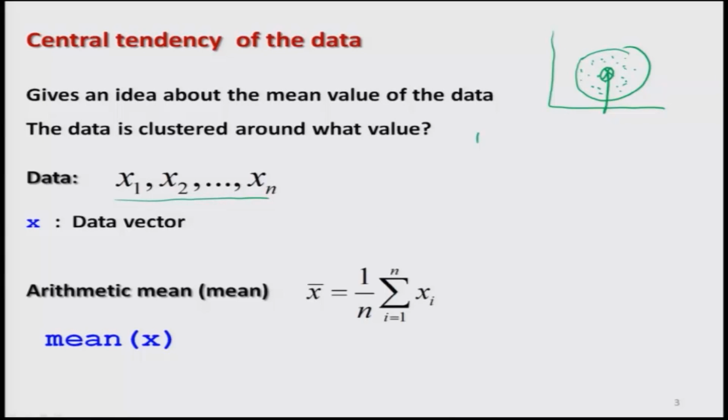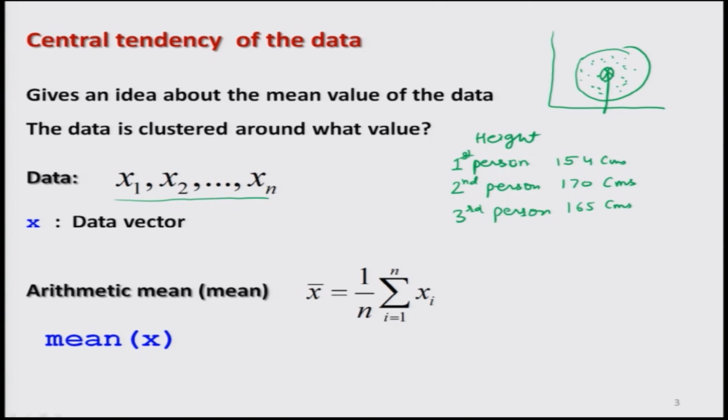Suppose I want to measure the height of some persons, and suppose I measure the height of the first person, and this comes out to be suppose 154 centimeters, and then I measure the height of the second person which comes out to be 170 centimeters. Similarly, I consider the third person and this height comes out to be 165 centimeters, and similarly I continue.